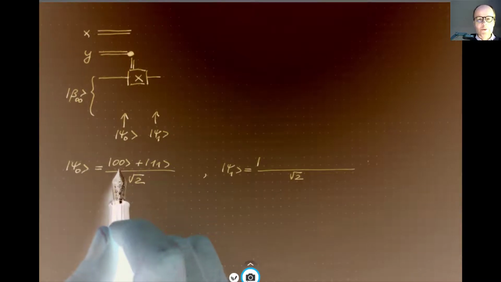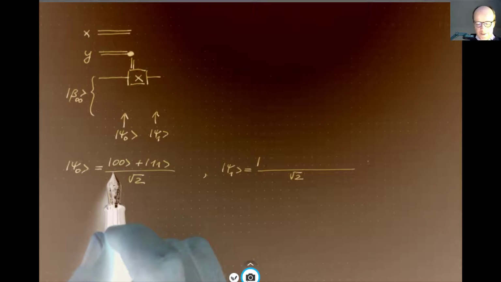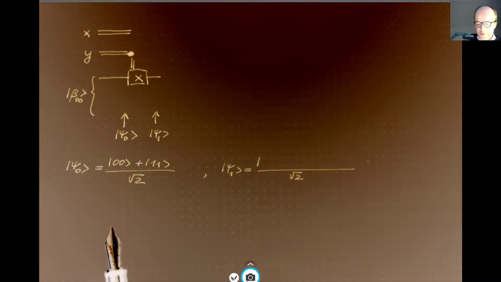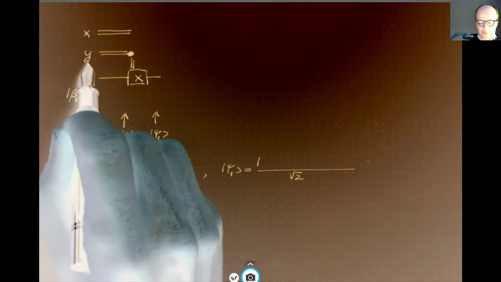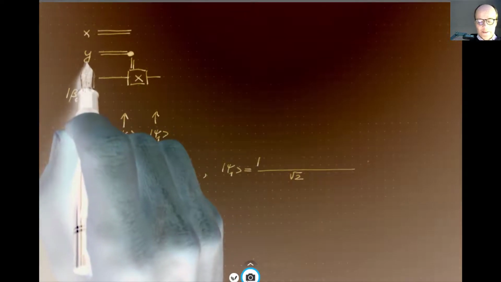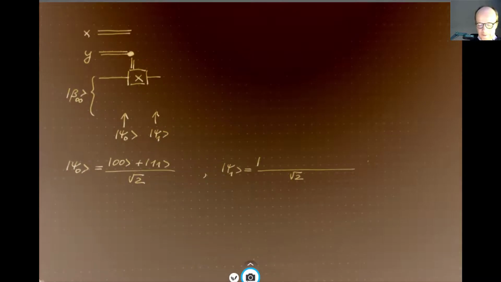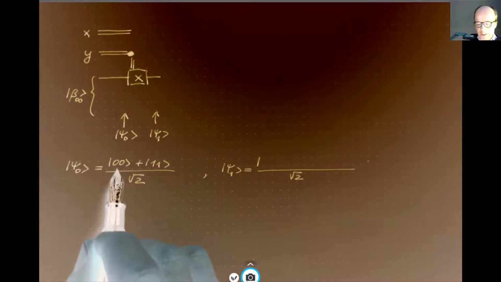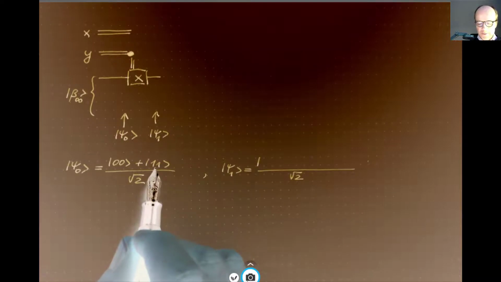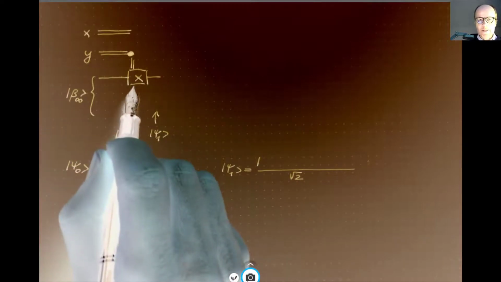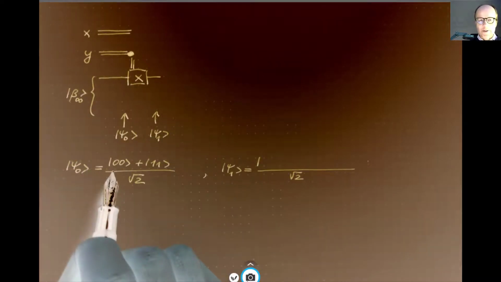So this controlled Pauli X affects only Alice's member of the Bell pair. And it's a flip in the standard basis. If the classical bit is 0, then nothing happens, and 00 remains 00, and likewise 11 remains 11. If the classical bit is equal to 1, then Pauli X is executed and Alice's qubit state is flipped.